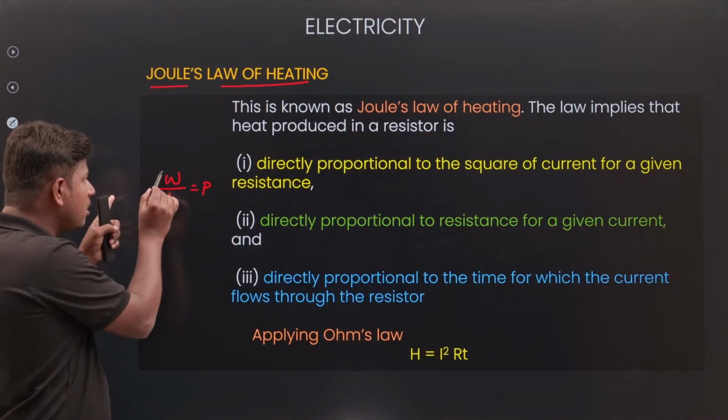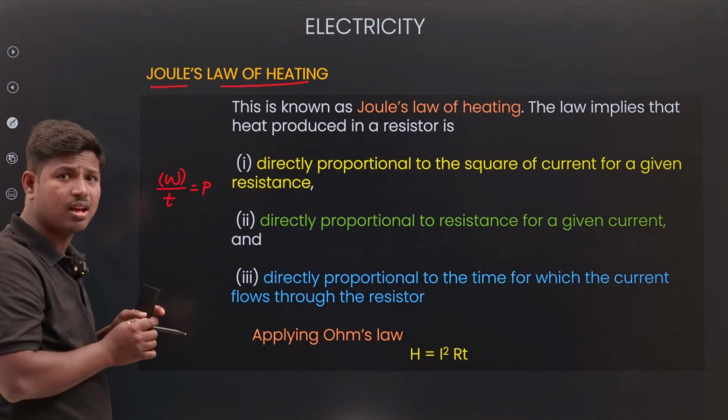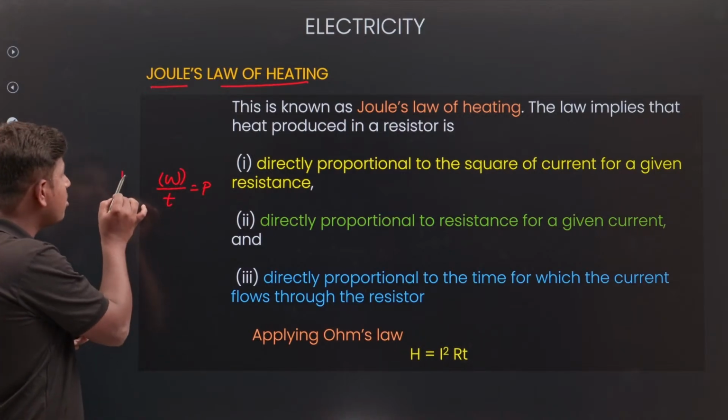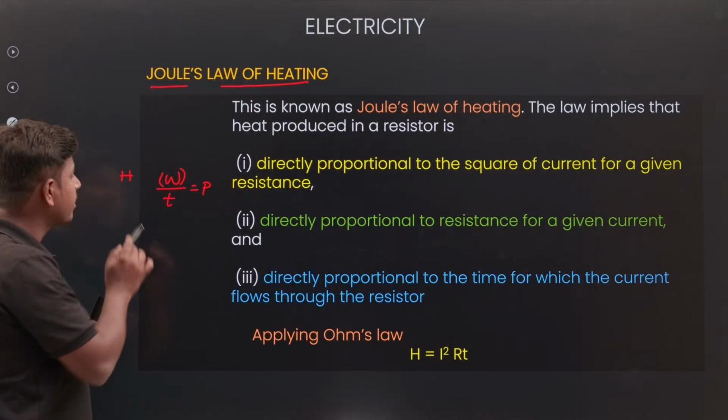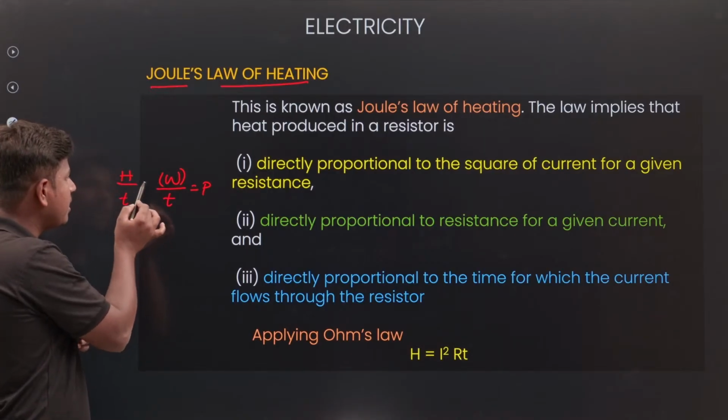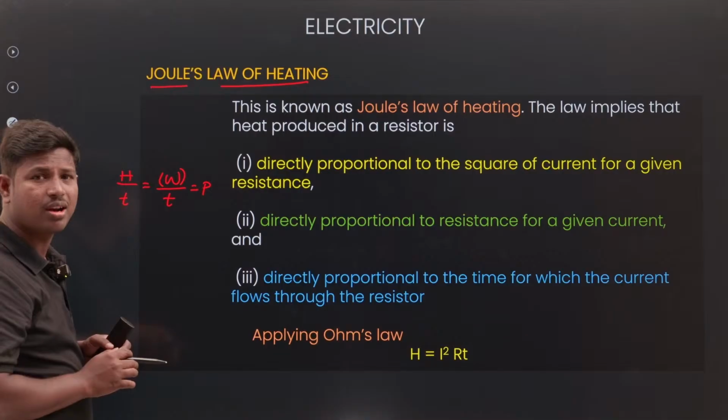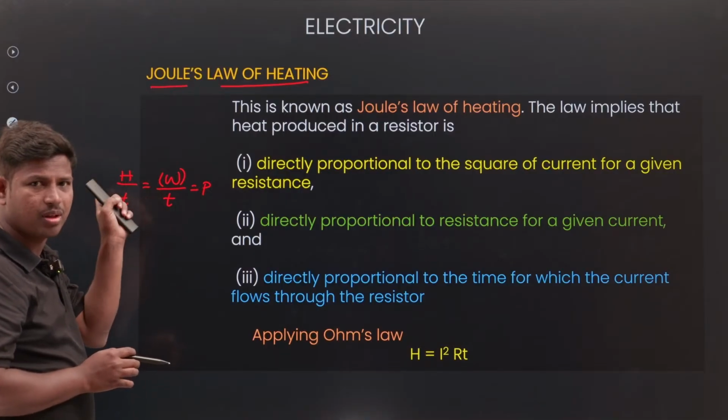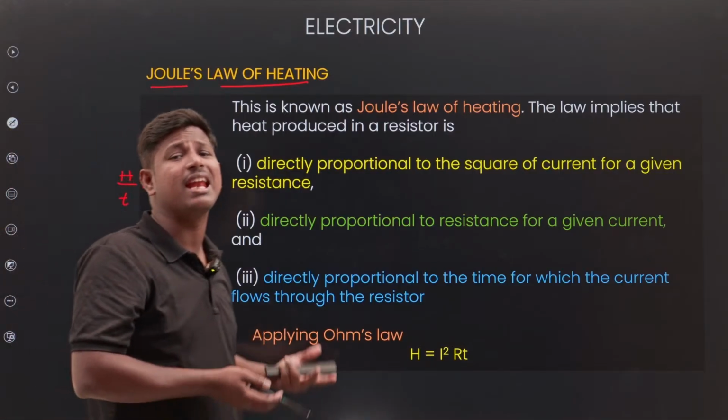So whenever work is done, it produces an amount of heat H by time. So energy per time. In place of work done, I am writing energy per time. For doing any work, what is required? Energy is required.